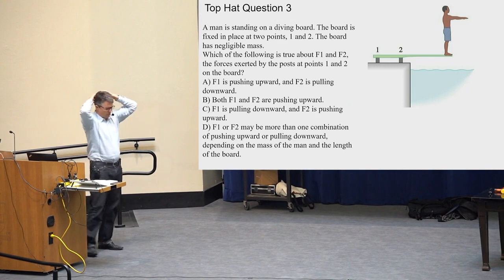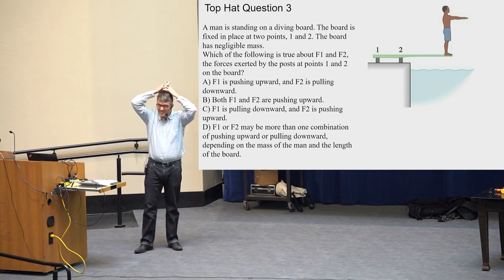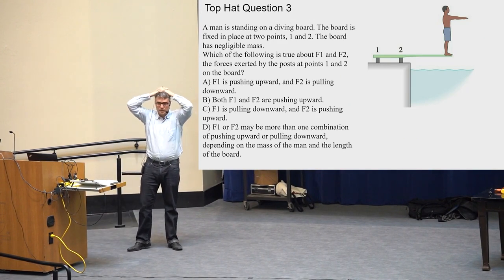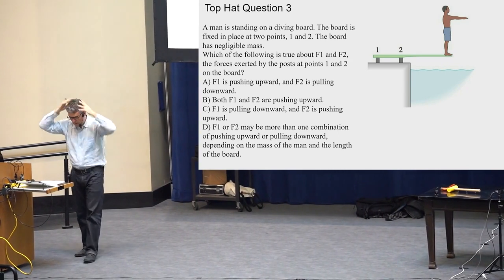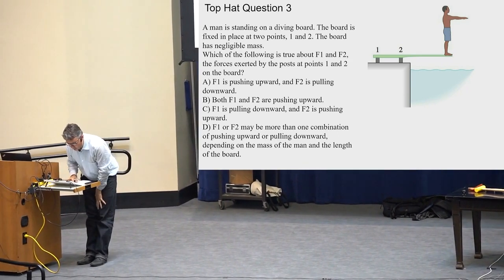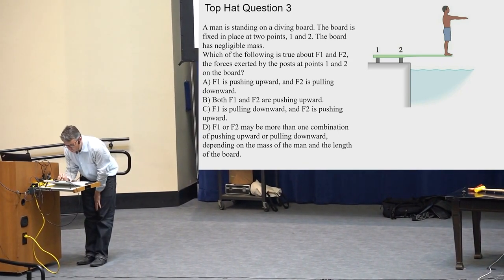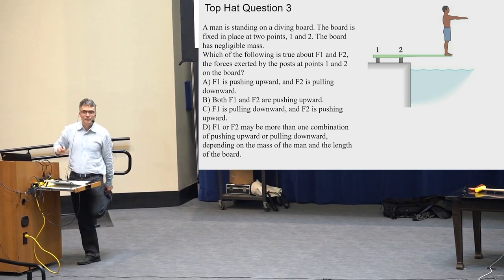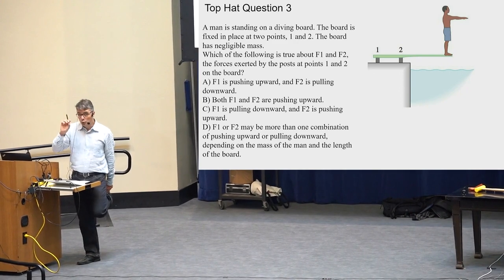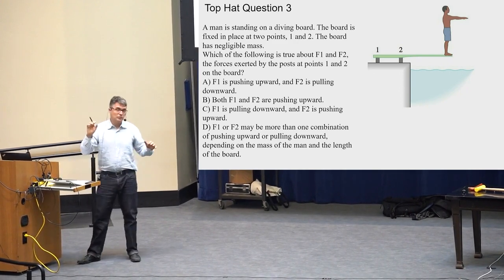So this is questions 3 and 4, I think, from problem set 7, the one where you have to write out an answer. A man is standing on a diving board. The board is fixed at 2 points, point 1 and point 2, or posts or something. They might be called piers, but basically they might be glued to the board.